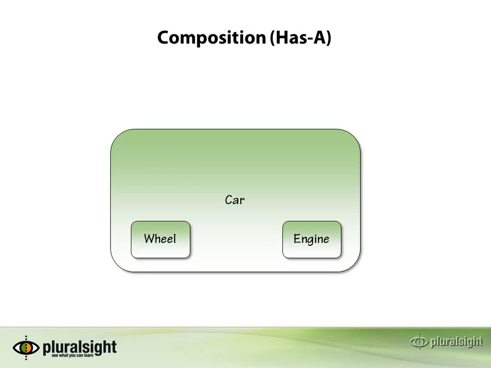It's a really simple relationship, and anytime you see this kind of relationship, you can model it as composition. I'm going to show you in Java code how to model both inheritance and composition, but this is the basic idea of composition. It's also known as aggregation, which is that this car is made up of these other classes, and that's how these classes are related to each other.